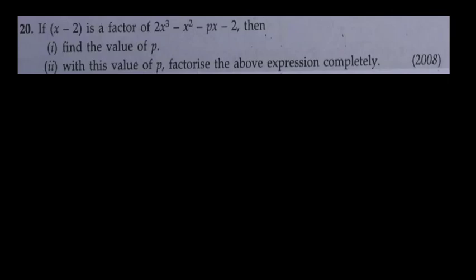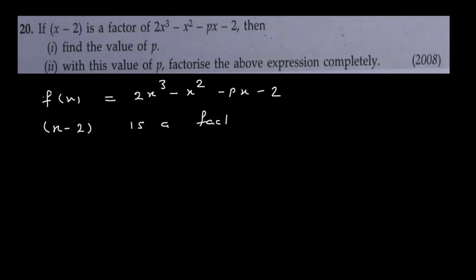Now here is the next problem. If x minus 2 is a factor of this polynomial, then find the value of p. So first write f of x as 2x cube minus x square minus px minus 2, and it is given that x minus 2 is a factor. So f of 2 is 0.